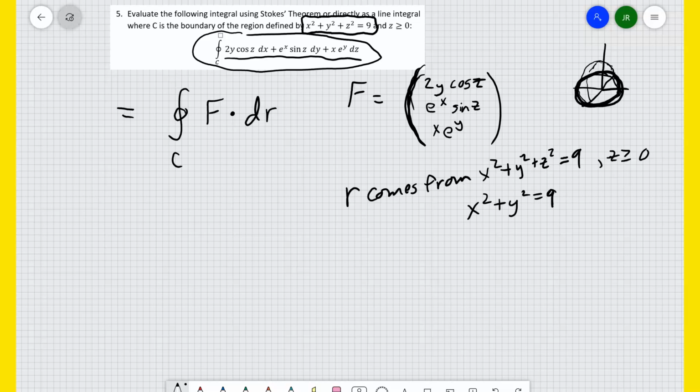Now we're going to parameterize this thing into polar coordinates. So for polar coordinates, the x becomes r cosine theta.